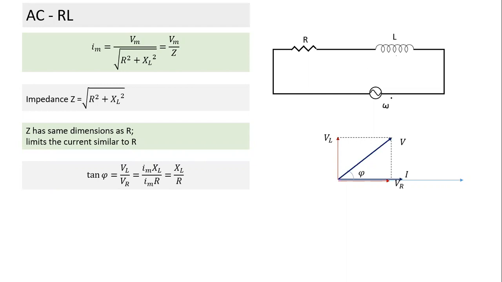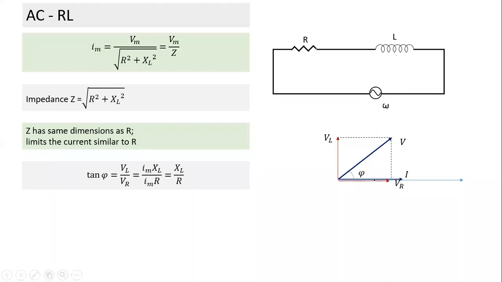What are the known things? Applied voltage is known, resistance is known, inductor is known. Based on that, we can find XL, we can find the amplitude of current, and we can also find the angle by which voltage will lead current.